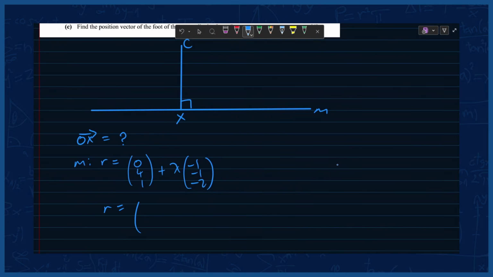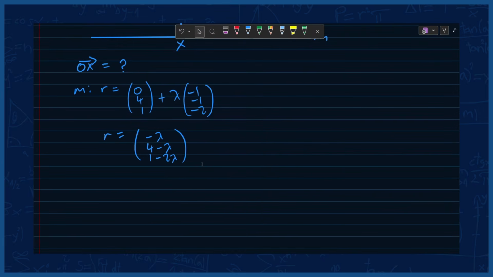But this says that our x is going to come from 0 plus lambda times -1, so that's just negative lambda. Our y is going to come from 4 plus lambda times -1, so 4 minus lambda. And our z comes from 1 plus lambda times -2, so 1 minus 2 lambda. Okay. And so these are the general coordinates of any point that lies on line M. The only thing that differentiates the points is just the value of lambda.